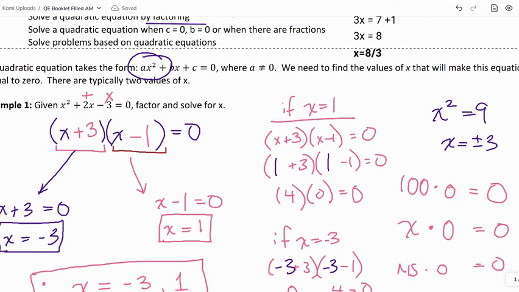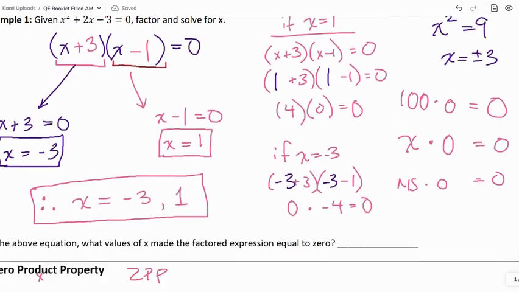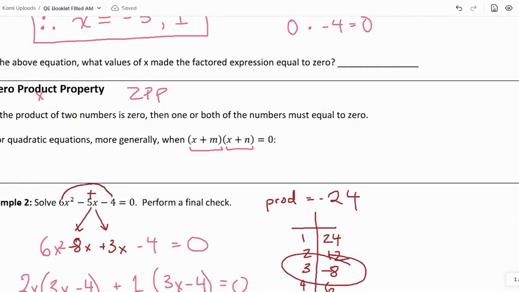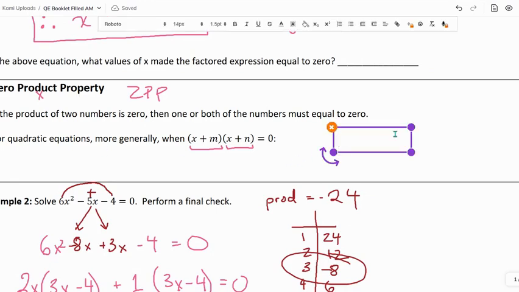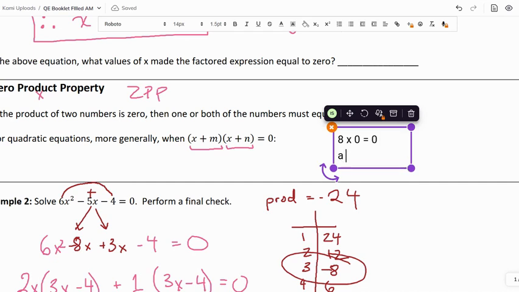Now, before we move to the next step, I want to talk about the ZPP, the zero product property. Folks, what is 8 times 0? 0. What is a times 0? 0.